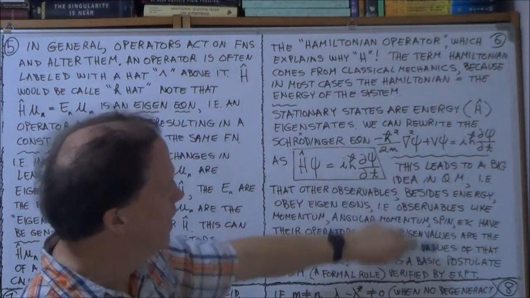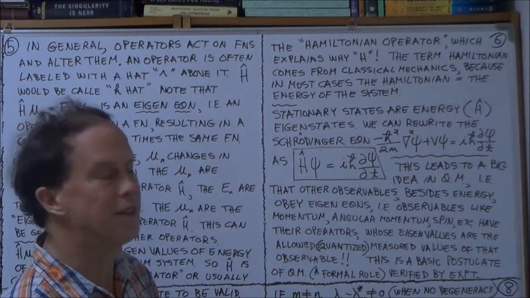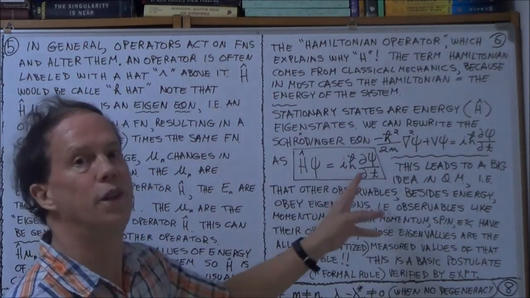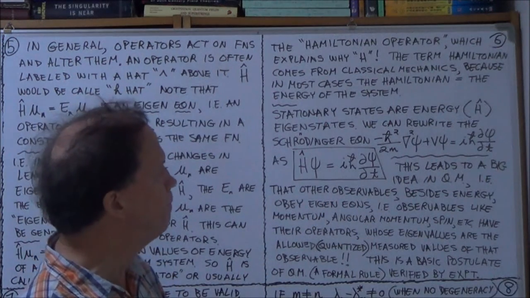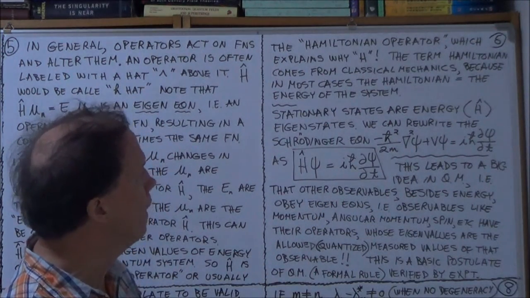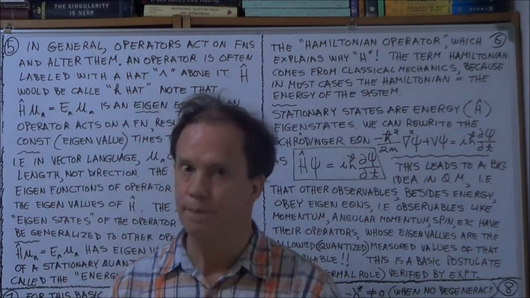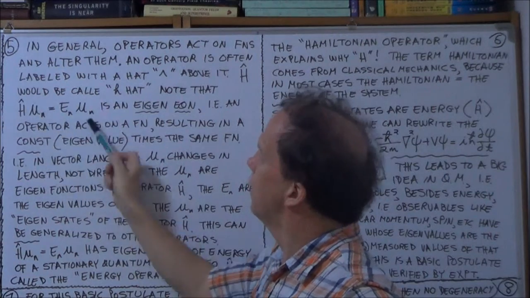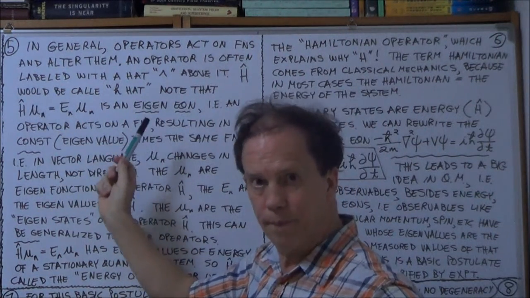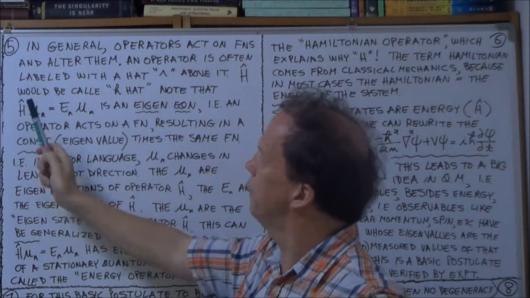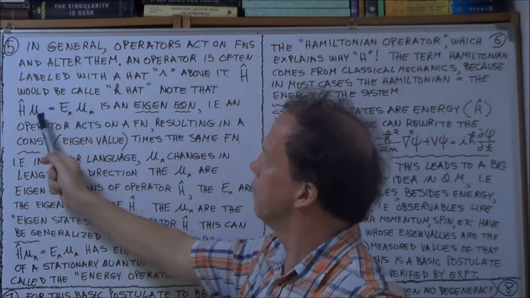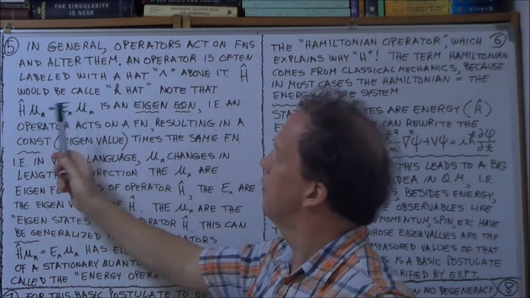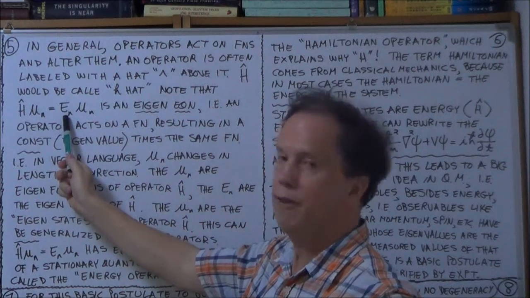Now, here we come to the big idea that I was alluding to at the beginning of this session, and it's the following. Have a look at this. This is an Eigen equation. You have an operator, you have your Eigen function, and you have an eigenvalue.